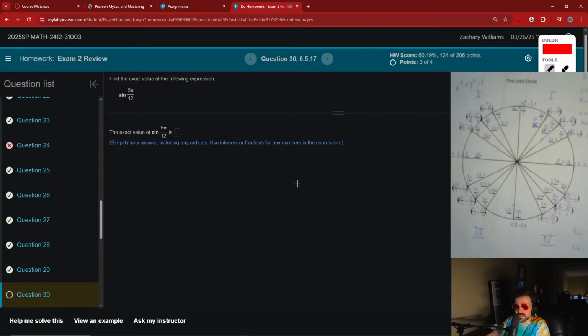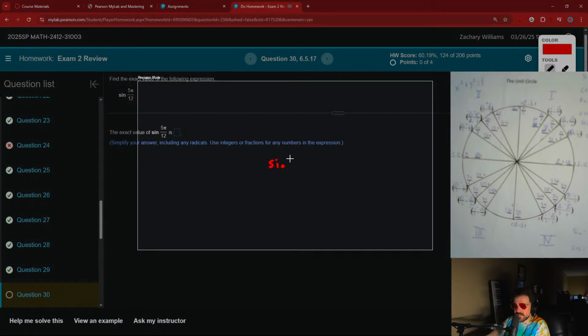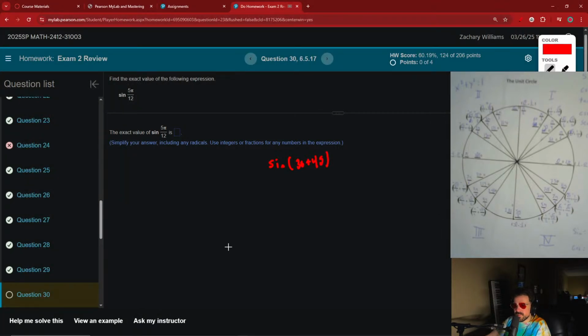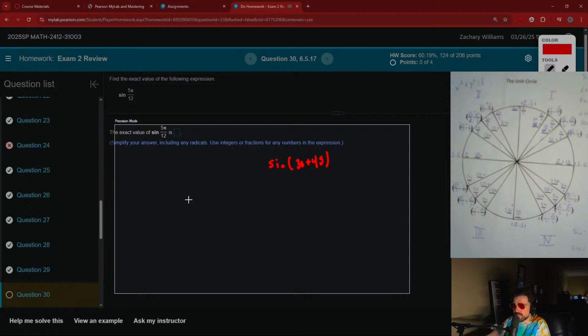This is sum of sines. So we're doing... which is sine of 30.